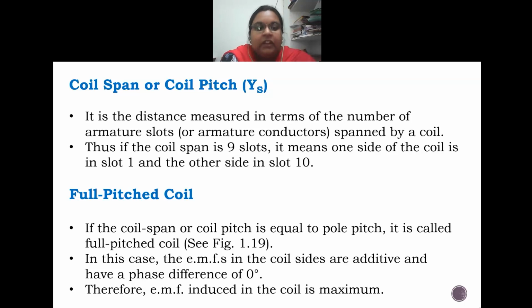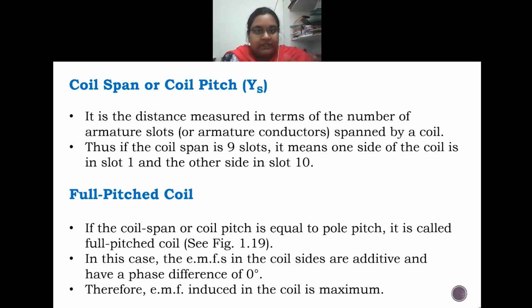Next is full pitched coil. There are 2 terminologies in which we will be addressing these armature windings. Those are called the full pitched coil and fractional pitched coil. What is full pitched coil and why are we calling it full pitch? Let us see. If the coil span or coil pitch is equal to the pole pitch, it is called the full pitched coil. You know what is pole pitch, right?